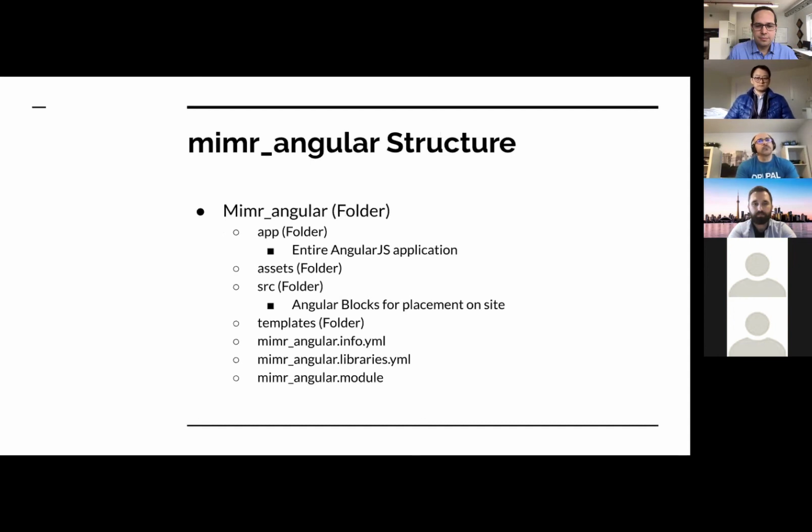Then we have an assets folder, similar to how Drupal works. We also have an SRC folder, which has plugin blocks, which is just block definitions for this custom module. We have a templates folder, which stores all of our Twig templates that we use for these Angular blocks. Then we, of course, have the .info file, a libraries reference, and a .module file, which is used for small tweaks that were needed throughout the site.